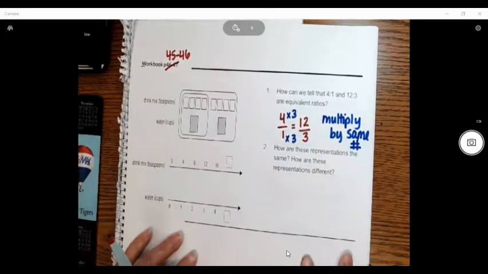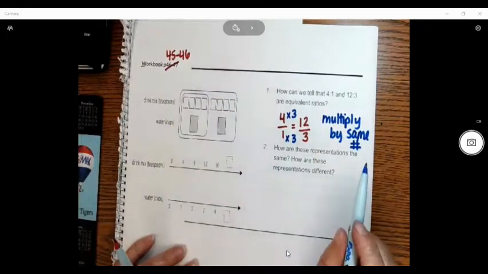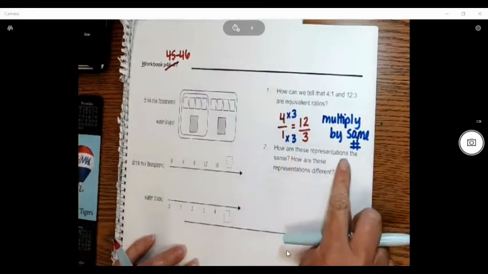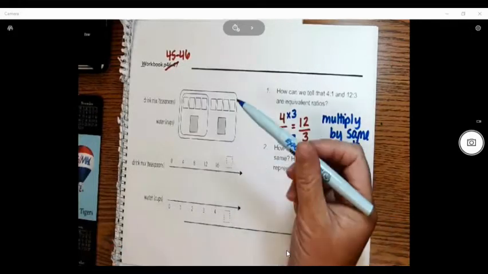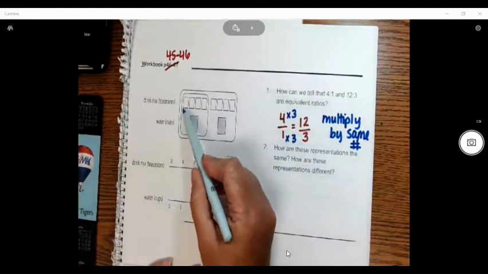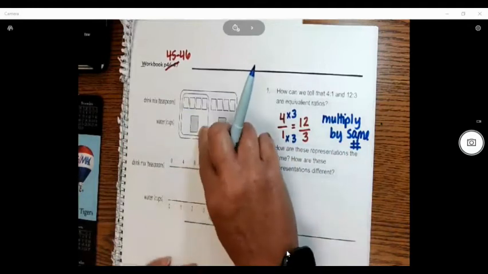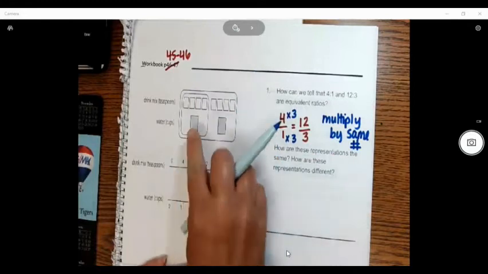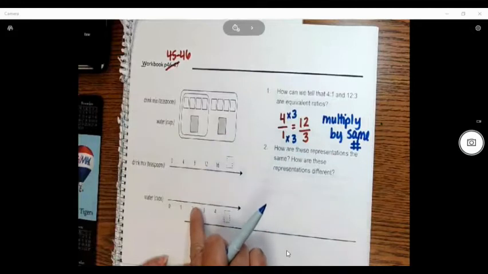All right, let's look at number 2, still on page 46. How are these representations the same? Well, if we look at it, this is saying I have 4 teaspoons, I get 1 cup. This picture represents that. If I have 8 teaspoons, I have 2 cups of water.